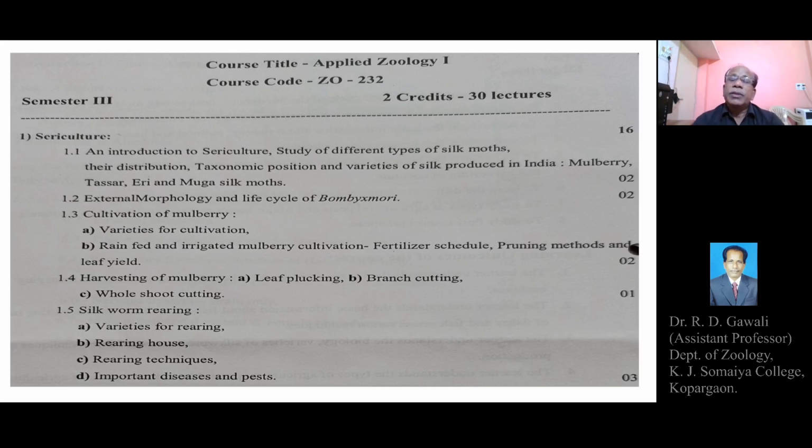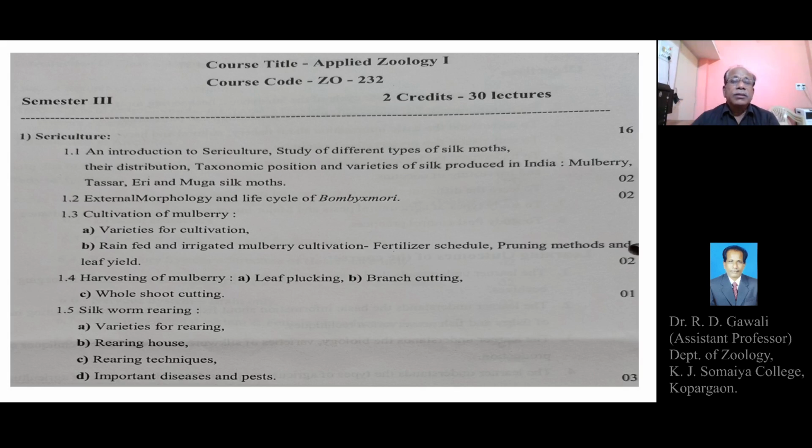Simply the mulberry leaves can be spread on the mat on the ground, and caterpillars of the Bombyx mori can be fed directly on the ground, but this requires more space. In the rearing house, we can use the shelf, and we can keep the rearing trays in the shelf. So in a little space also we can provide accommodation for the growing larvae in a rearing house.